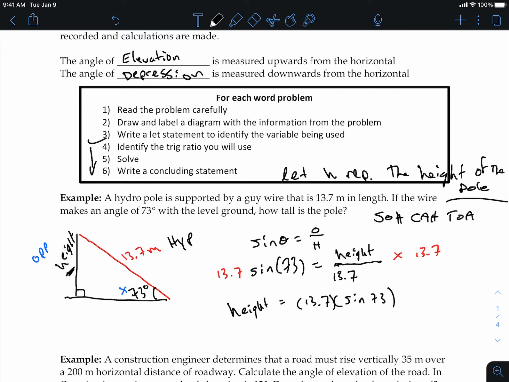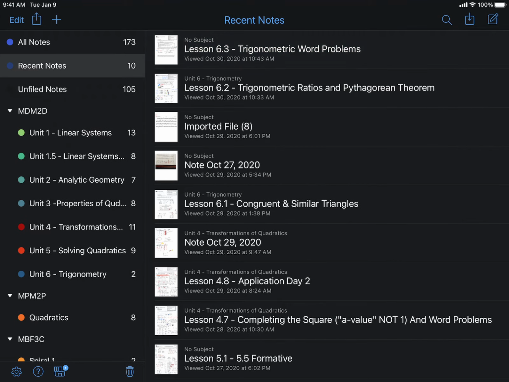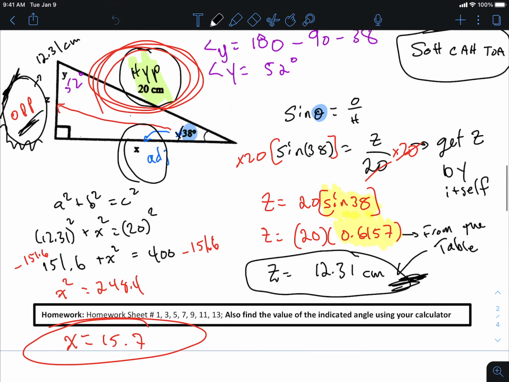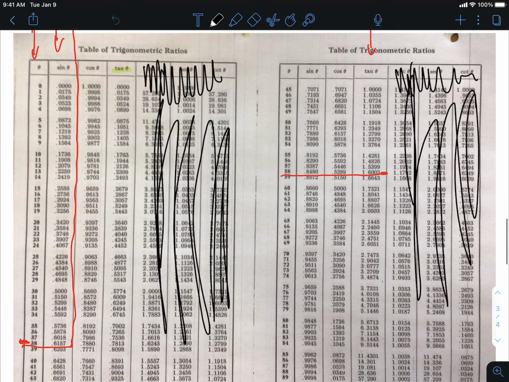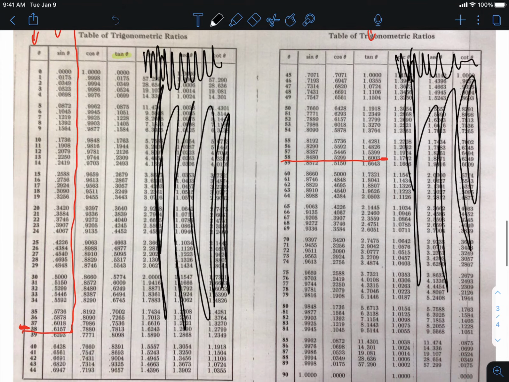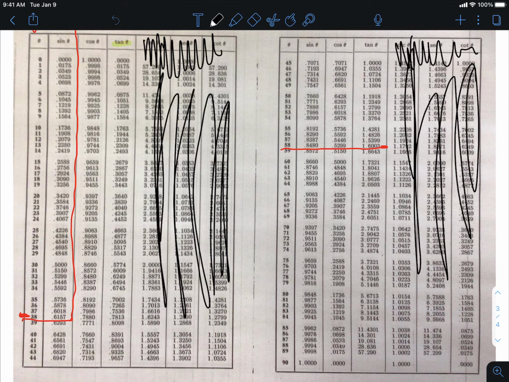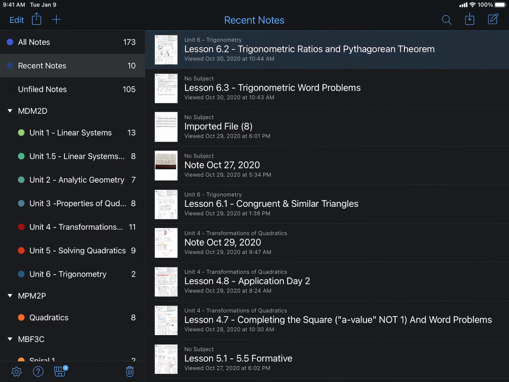Then you're going to go back to the table. You find 73 underneath sine, which is right here. You read across and read the decimal off from underneath sine: 0.9563.